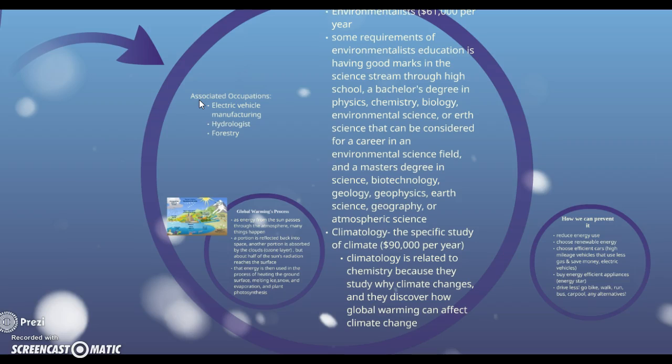They make about $90,000 per year, and environmentalists make about $61,000 a year. Associated occupations include electric vehicle manufacturing, hydrologists, and forestry.